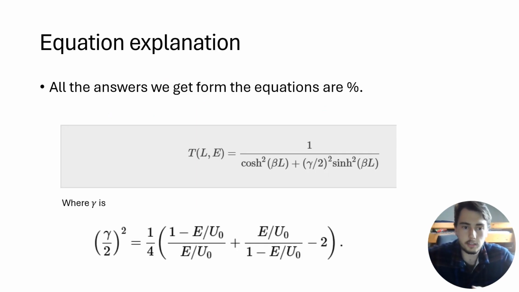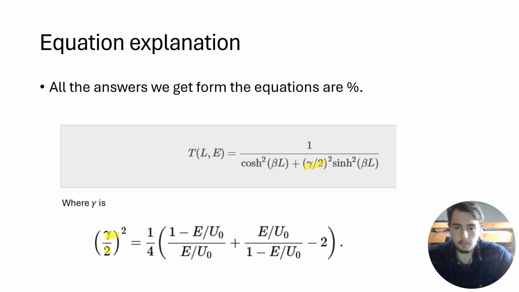And I'll just go ahead and explain the equations. So we basically get this equation where this lambda over 2 is going to equal this big equation, and we can see that this is actually going to give us a percentage because it's 1 over everything.